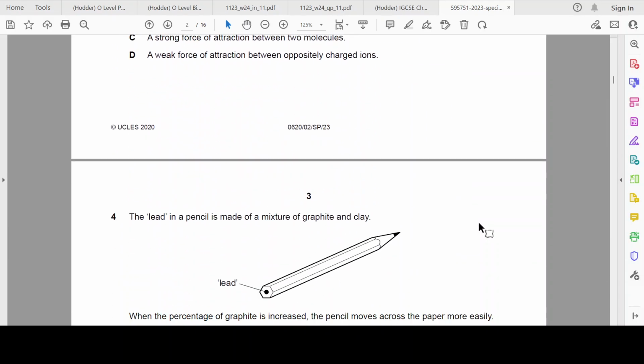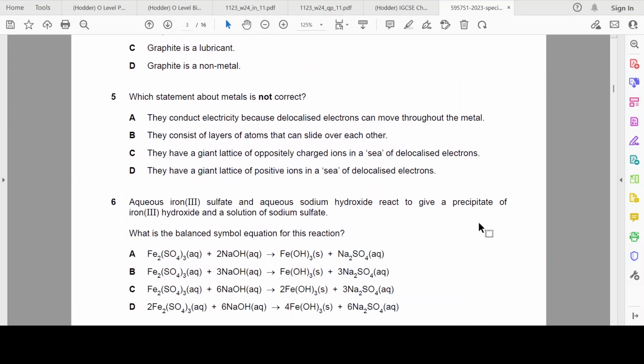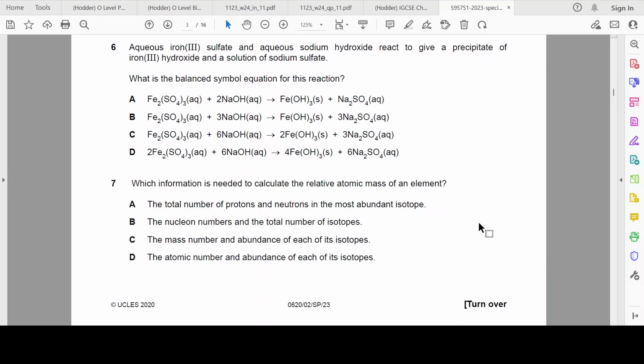Graphite is a lubricant, oppositely charged ions, the balanced equation, and find mass number. You've chosen option C for all four of them, and option C is the correct option. So when you see that on your answer sheet, all four of these have the option C, there's nothing wrong. You need to be confident in what you're doing.